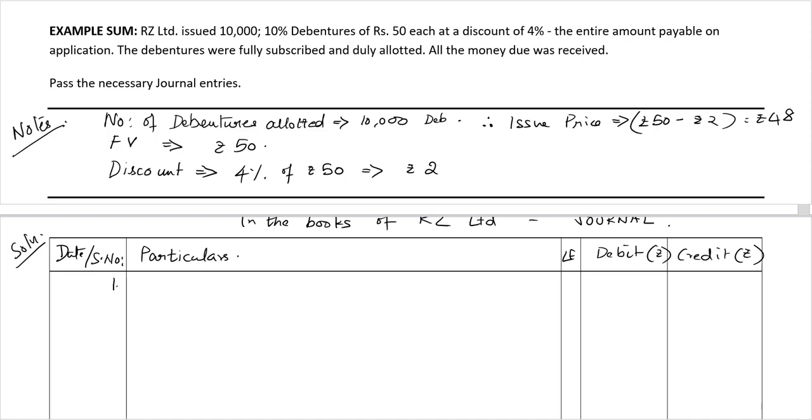The first entry is for the debenture application and allotment money received, bank account debit, to debenture application and allotment account.